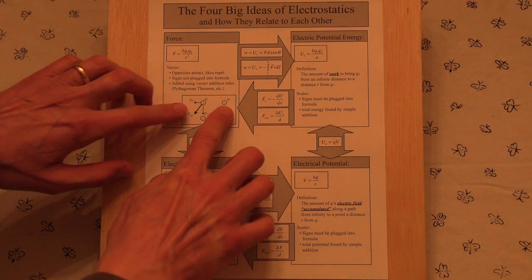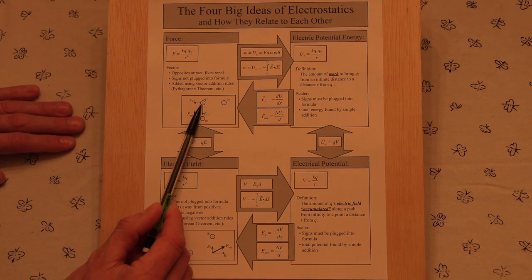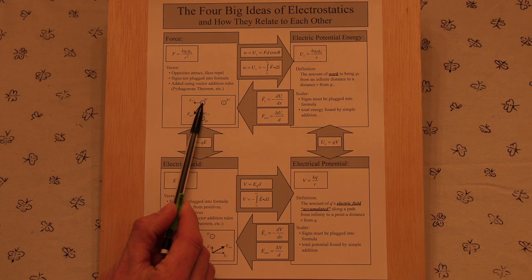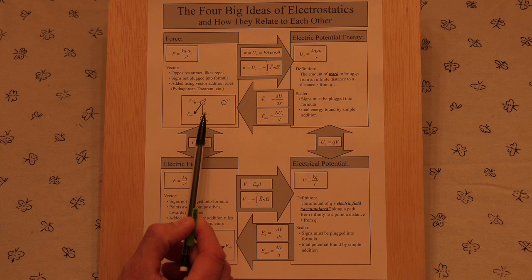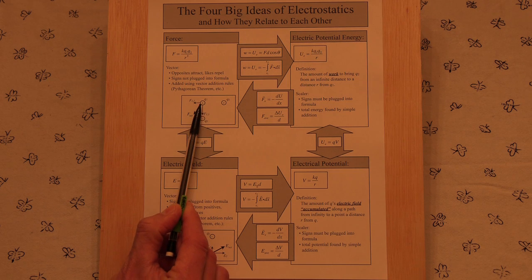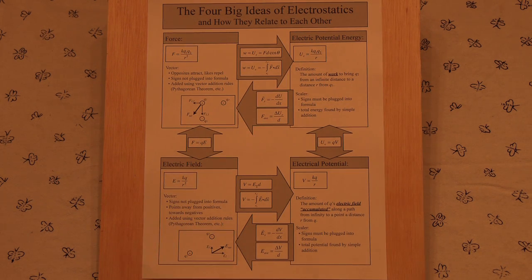So, like in this little simple example, I want to find the net force on this charge. This positive repels away this positive, like charges repel. But this negative down here attracts this positive. So the minus told me that this arrow goes down instead of up, being a repulsion.